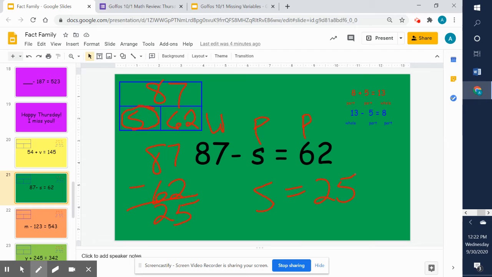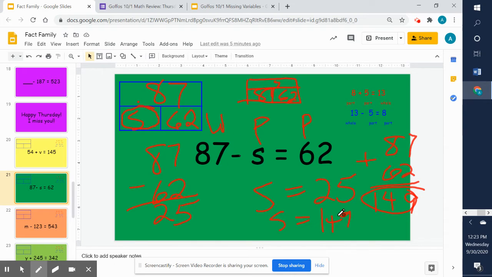And say if you got confused and you put your numbers in the wrong place, for example, you put 87 down here and 62, and you put S up top, and you said, oh, I need to add. So you added 87 plus 62, and you got 149. And you said, oh, S is 149. This is where you have to ask yourself, does that make sense?